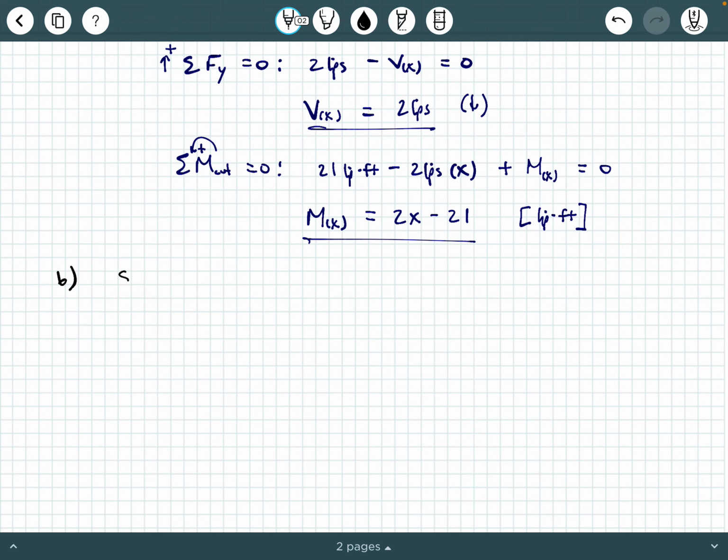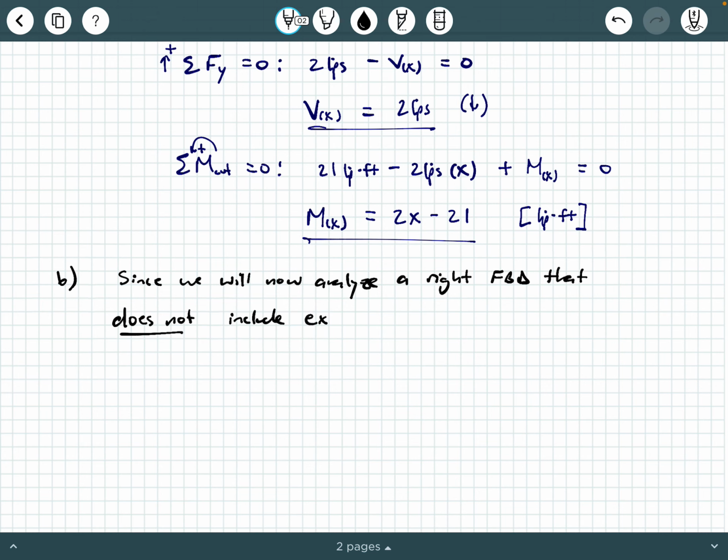I'm going to make a note here: since we will now analyze a right free body diagram that does not include external reactions, we do not need to solve for them.